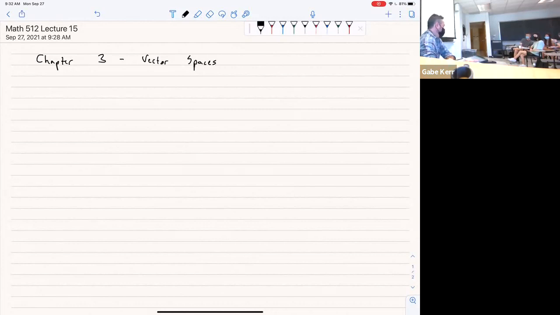A lot of you will find this familiar because you're taking some linear algebra, I assume, but we're going to try to do it a little more generally, a little more algebraically. So hopefully it'll still be of some use.